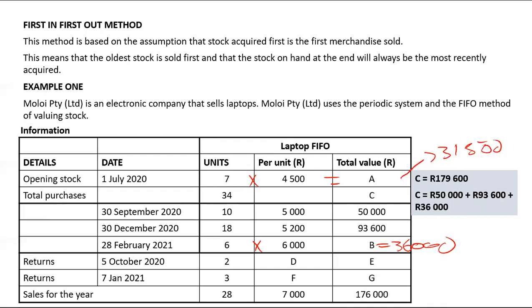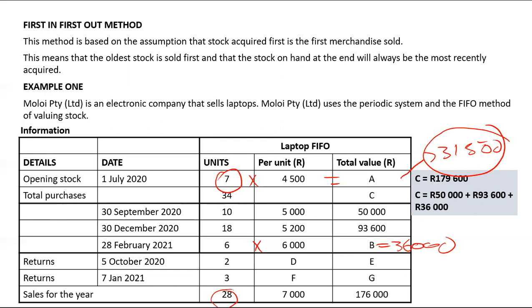Please note that these will be the first items to be sold. Since we sold 28, I won't focus on the number of units sold more than anything. I'll only focus on the remaining.